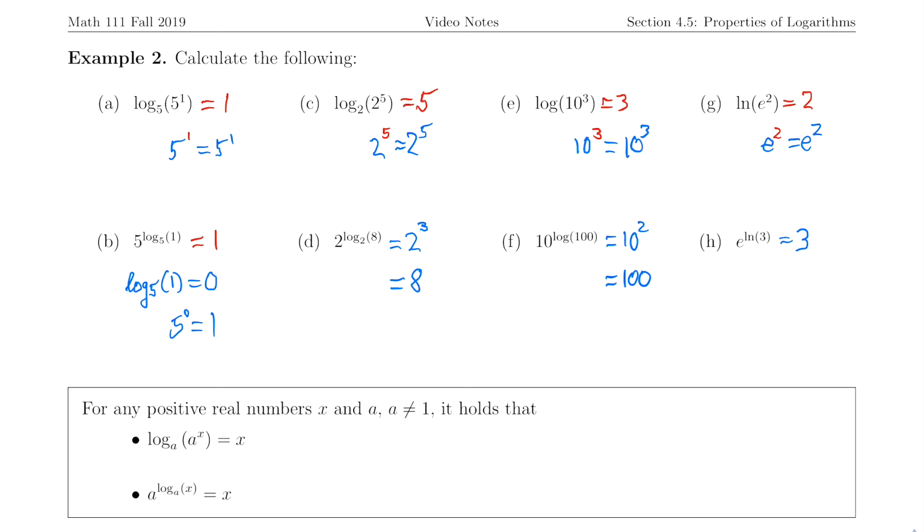At the very end we can again see our general formulas: when we have the first row, logarithm to the base a, so any base, and then that same base, a to the x power, our answer is x. And the same way, for the second row, a to the logarithm to the base a of x also equals x.